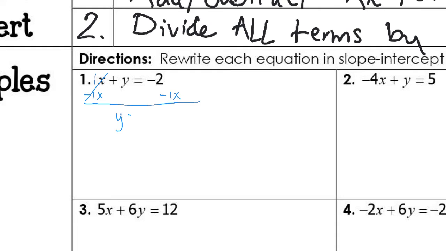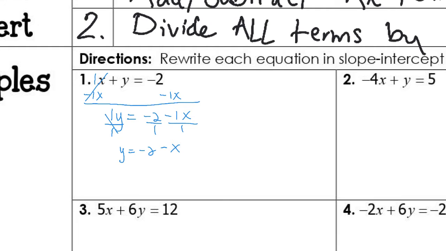I'm left with y equals -2 minus 1x. My second step would be to divide by b. But since I'm just dividing everything by 1, nothing changes. So I have y equals -2 minus x.